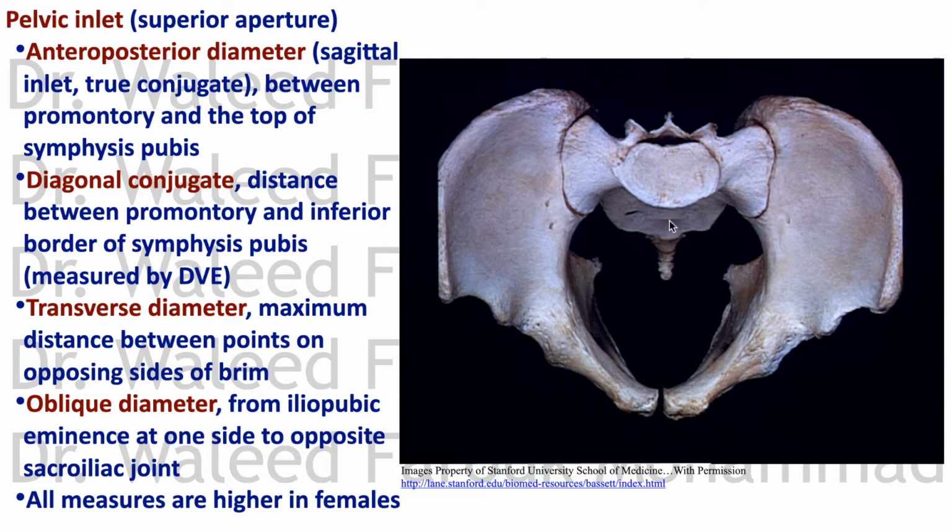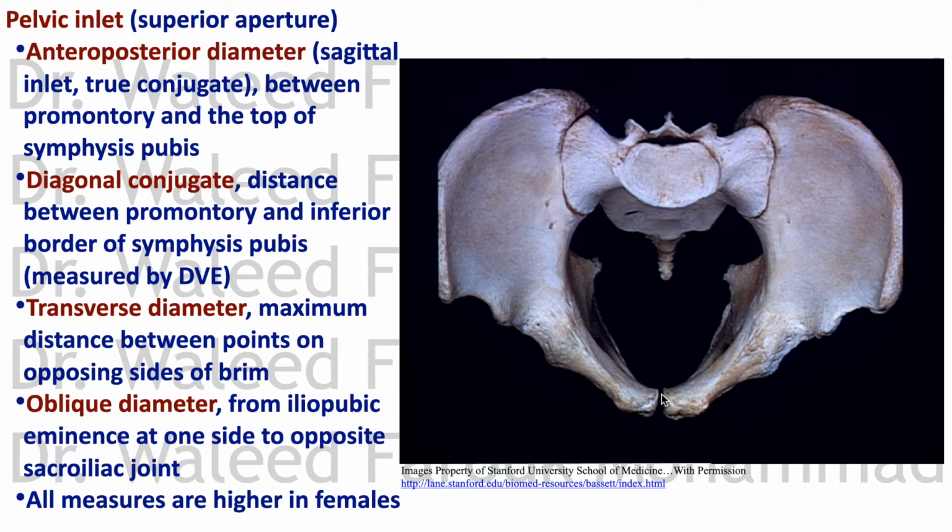The diagonal conjugate is between the promontory and the inferior border of the symphysis pubis. This is measured by the old name PV, per vaginum, or the new name, the digital vaginal examination.